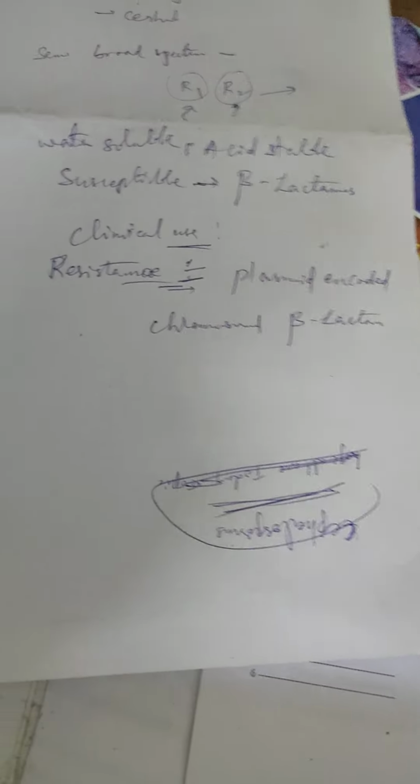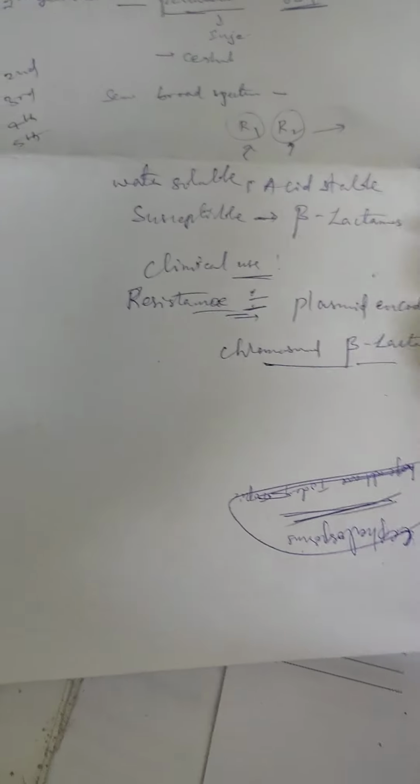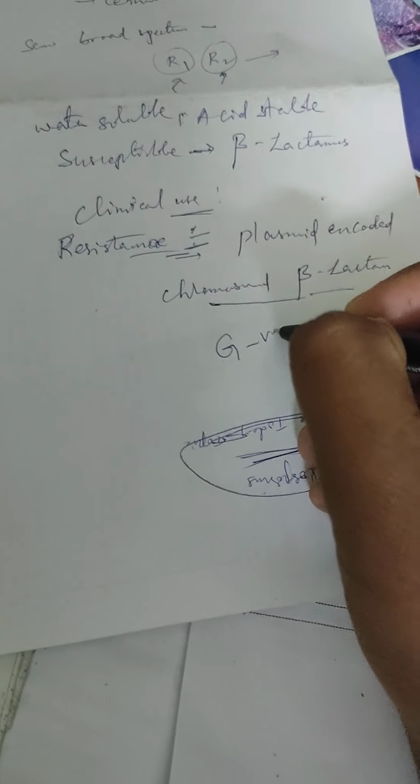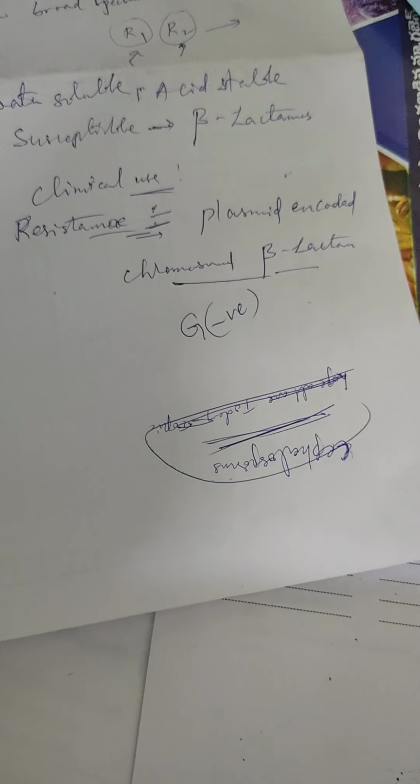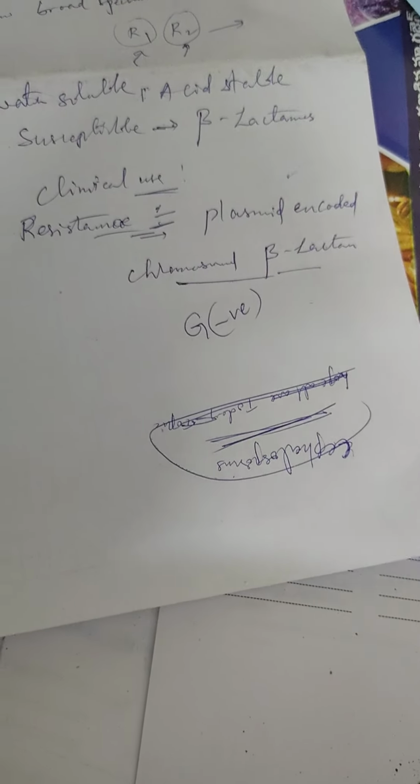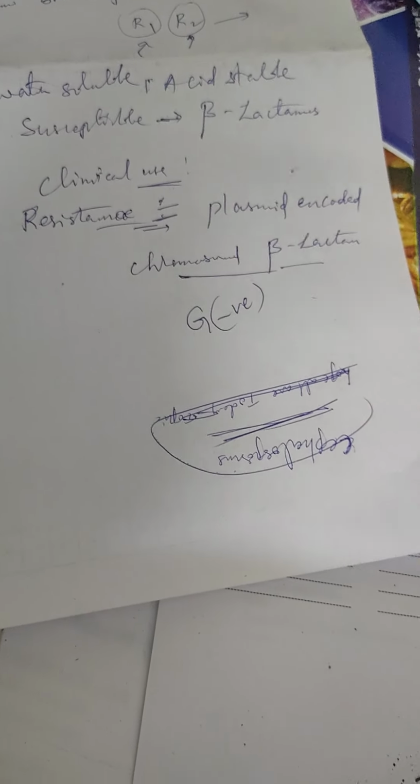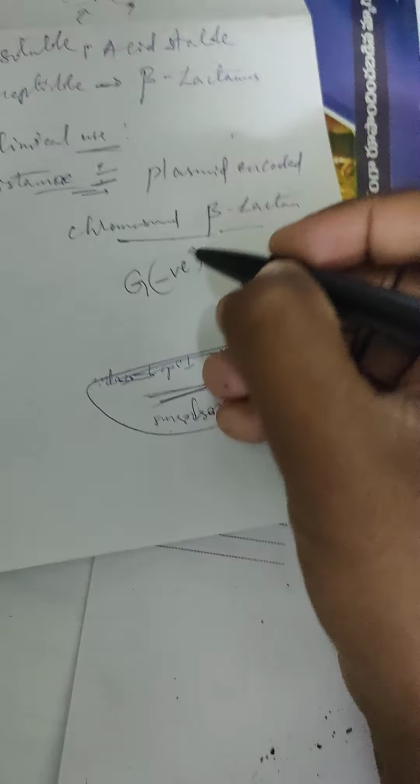The substance which causes resistance is chromosomal beta-lactamase. These chromosomal beta-lactamases are present in nearly all gram-negative bacteria, and they are more active in hydrolyzing cephalosporins than penicillins.